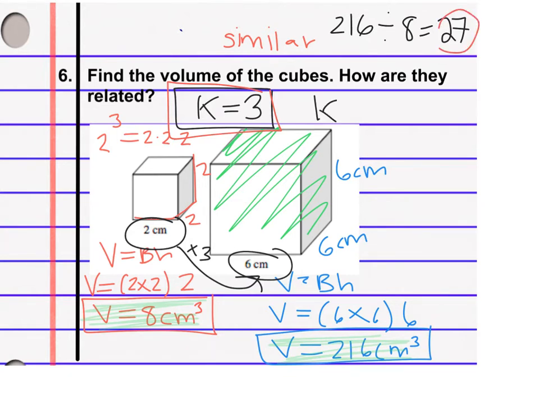If I take my scale factor and cube it, 3 cubed, 3 times 3 times 3, I get 27, right? 3 times 3 is 9, times 3 is 27. So kind of like when we talked about area and scale factor squared, for volume, we are taking our scale factor, k, and cubing it to figure out how the volumes are related.